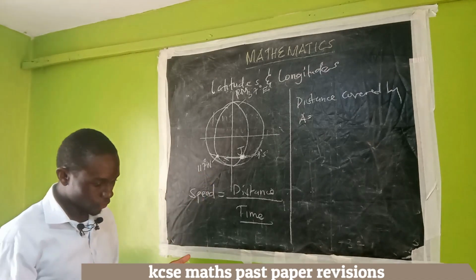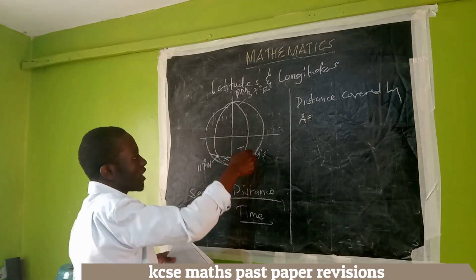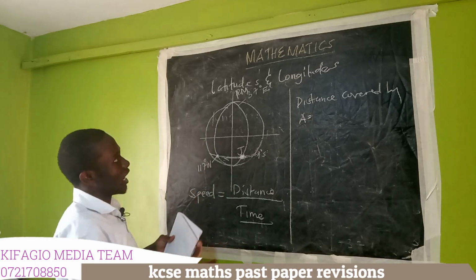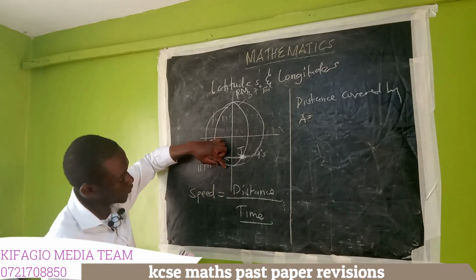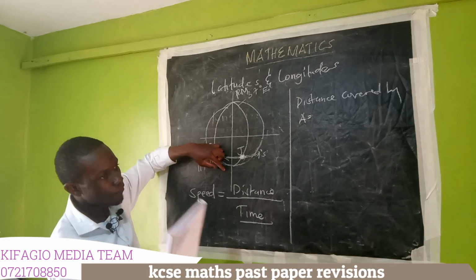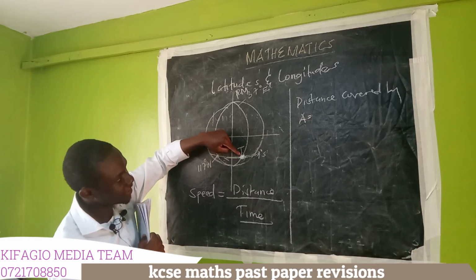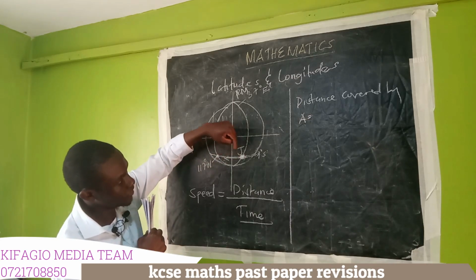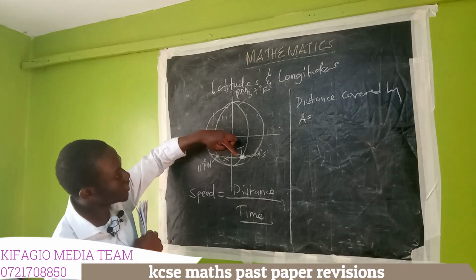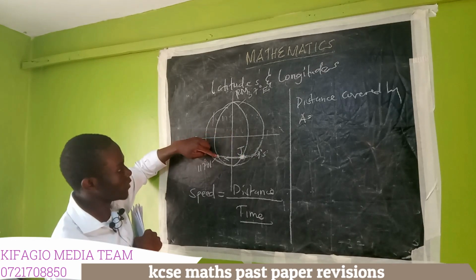Because we are told that A flew due east. It went that way. Remember, when the earth rotates on its axis to make one full rotation is 360 degrees. And therefore, if this particular object A moved due east, it made almost an angle of 360 degrees, but it didn't cover the angle formed between this particular point here and this particular point here.